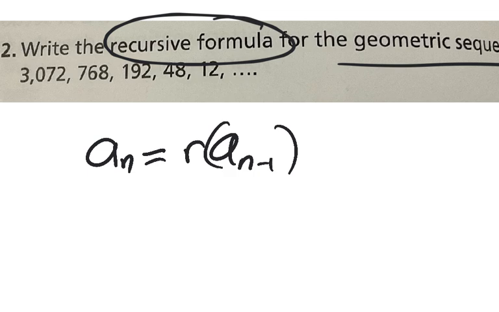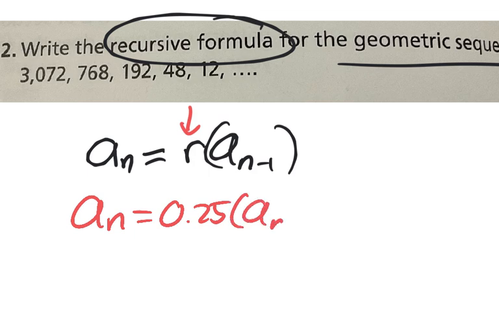So what I really need to know is, what is my r? 0.25 or 1/4, same thing. As soon as you know that, you plug it in. That's it. Gonna do another one like that?